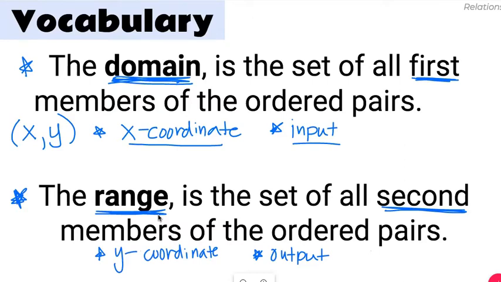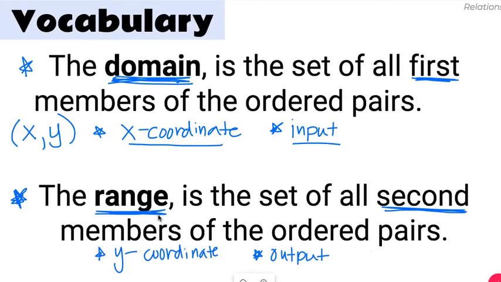Now, a way that you can try to remember these, the way I always remembered, was with domain and range. Domain comes before range in the alphabet. D comes before R. X comes before Y. So that's how I always associated domain with the X and range with the Y, because D and X come before R and Y in the alphabet.